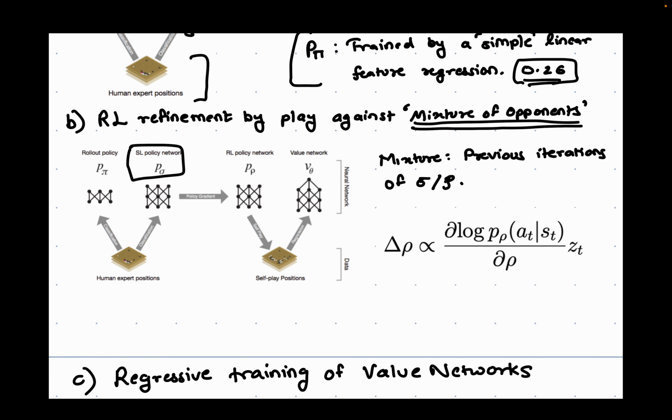Start by initializing 2 players with the same policy P sigma. Play one game, finish it off. Once the game finishes, you know what the reward was of every action along the game, right? Now you use that reward to reward those actions which resulted in a better outcome, and penalize those which resulted in a worse outcome.